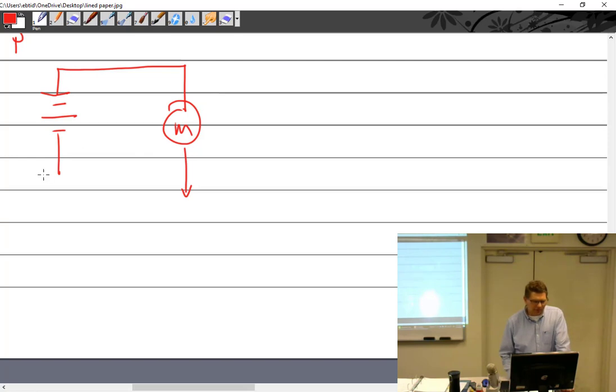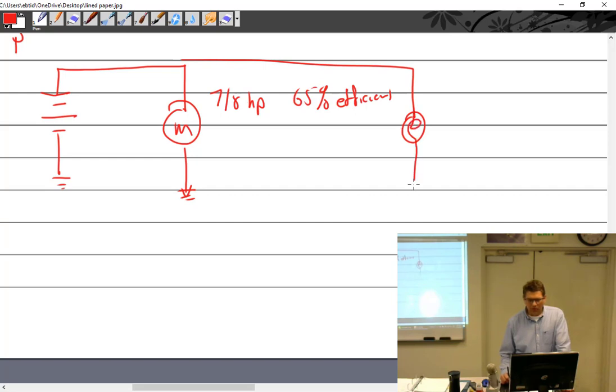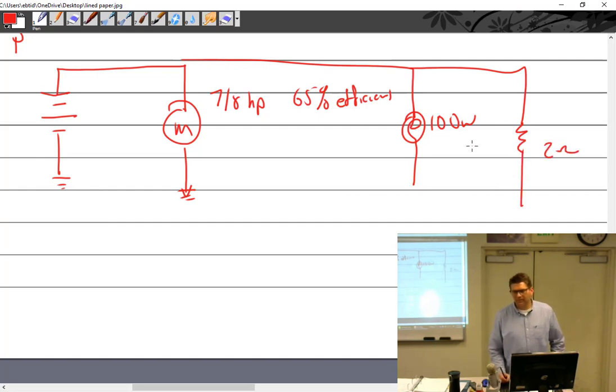If you have a parallel circuit with a motor that is 7/8 horsepower and 65% efficient, and, oops, we'll make that a light bulb, a 100 watt light bulb and a 2 ohm resistor, solve for that.